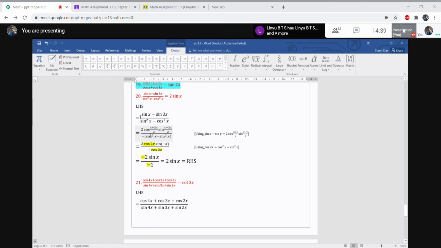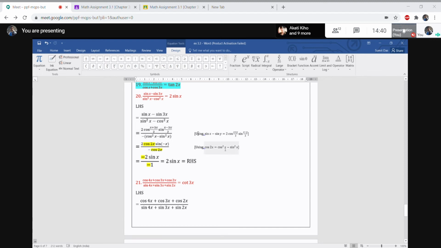In the denominator, I can easily use the a square minus b square formula for sine square x minus cos square x, but I'm not using it because we have the formula cos square minus sine square, that is cos 2x. So I'm just taking the minus common: sine square minus cos square becomes minus of cos square minus sine square.